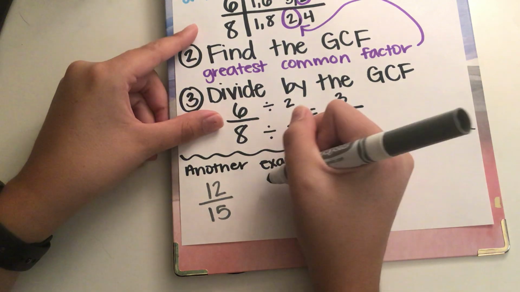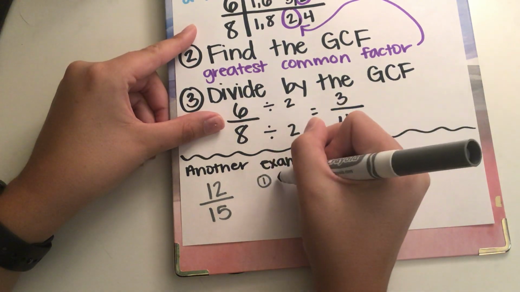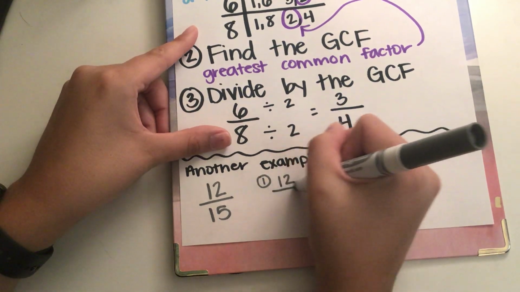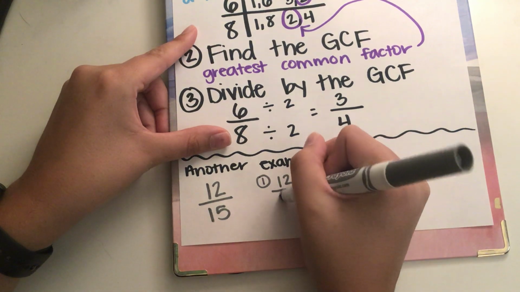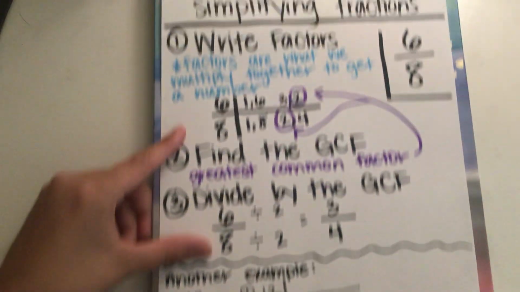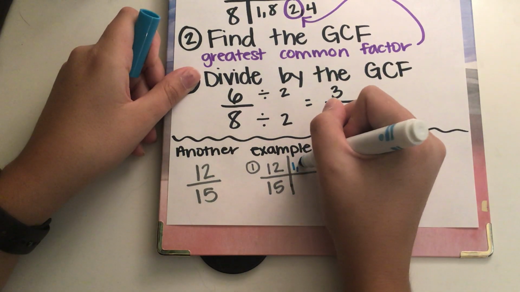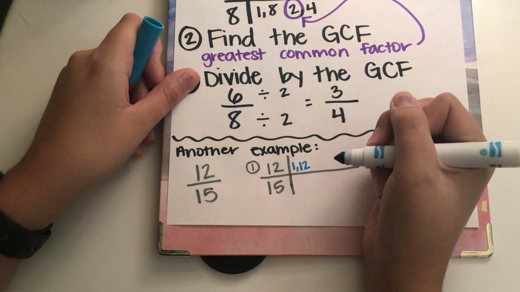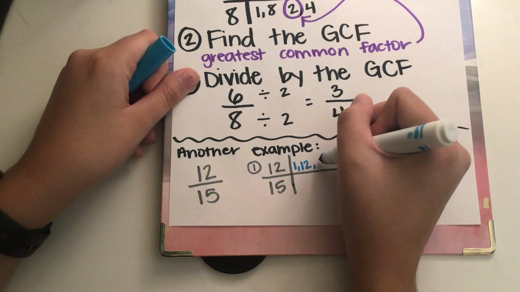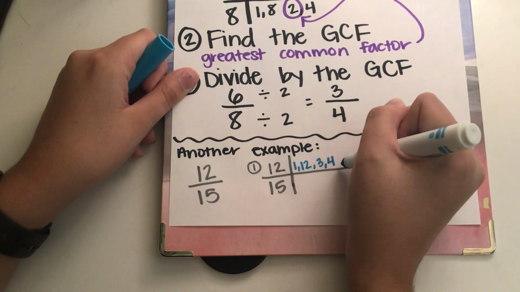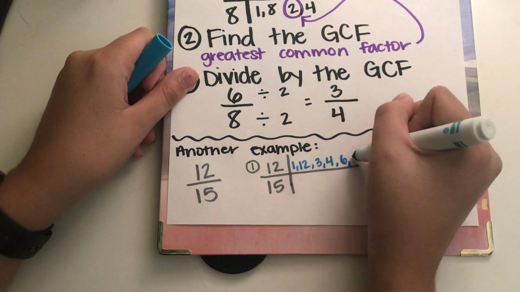So I'm going to say step number 1 is where I do 12 and 15, and I'm writing my factors. So I've got my T-chart down here. My factors, I've got 1 and 12. See, 3 times 4 equals 12, and 6 times 2 equals 12.